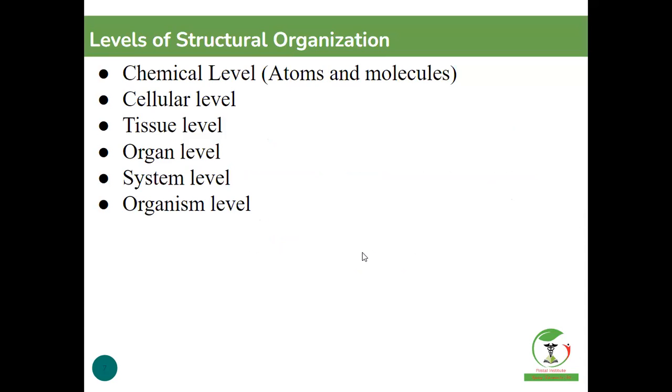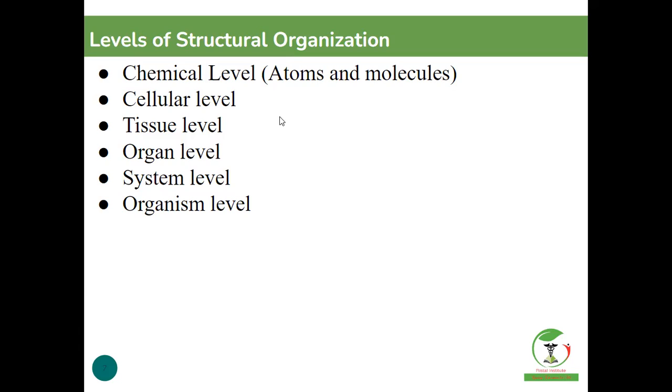In a more complex level, we can say that the organization of the human body starts from the chemical level, where you have atoms and molecules combining, forming complex compounds, which actually drive life, or which actually results in metabolic processes in the cells.